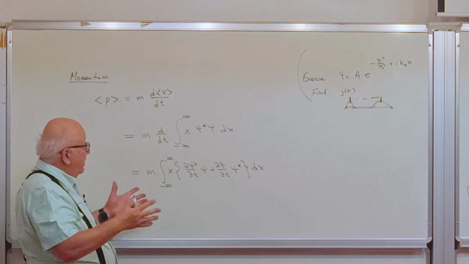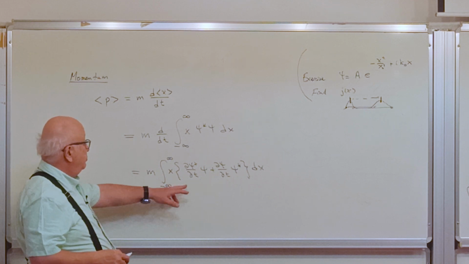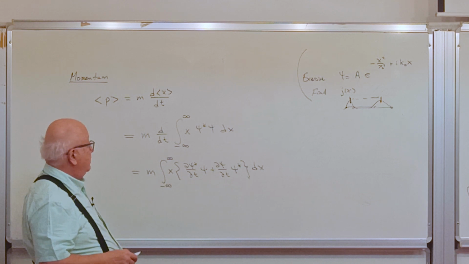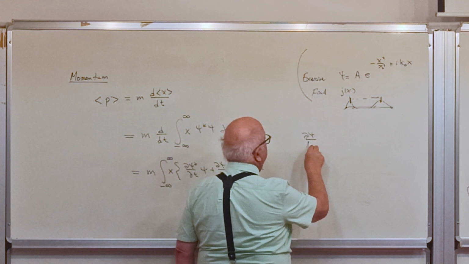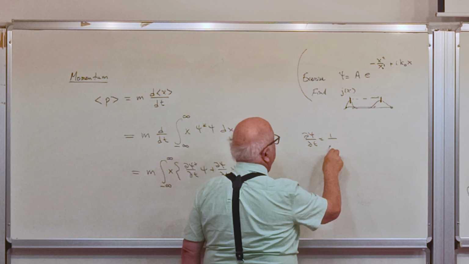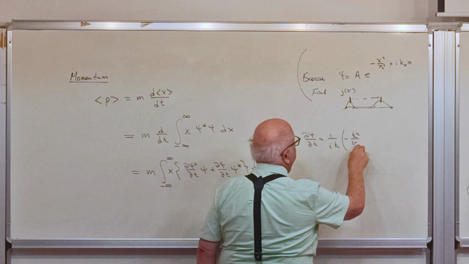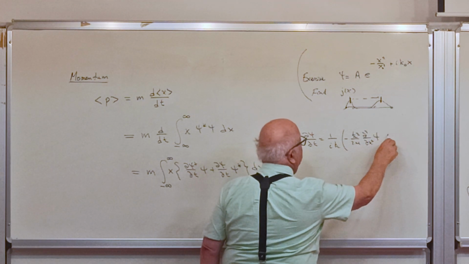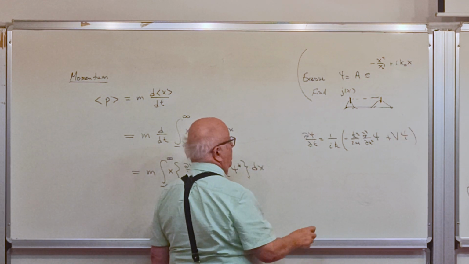Okay, we do the same thing that we did for the previous problem. We use the Schrödinger equation to analyze how these things are changing. Okay, so let me just remind myself. Del psi del t is 1 over i h bar times minus h bar squared over 2m del squared del x squared psi plus v psi. That's our Schrödinger equation.